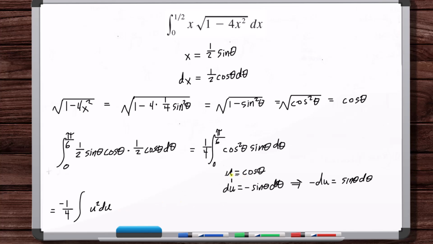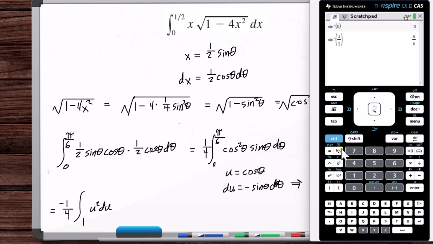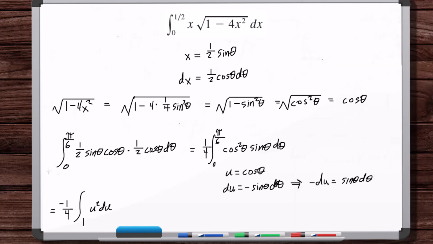Okay, when theta is equal to 0, u is equal to 1. When theta is equal to pi over 6, u is equal to root 3 over 2. And this is nice because we can update these limits of integration, and we're never going to have to go back. Okay, so minus 1/4.